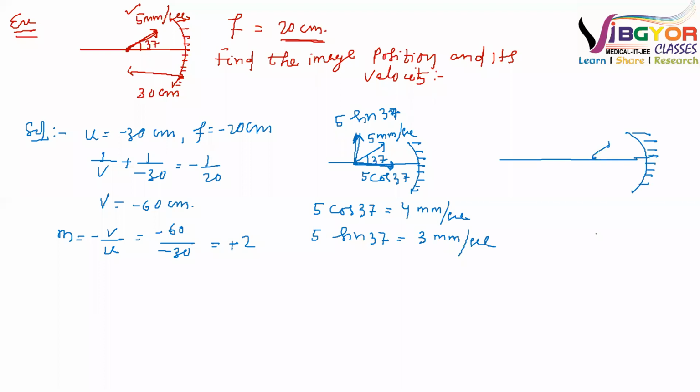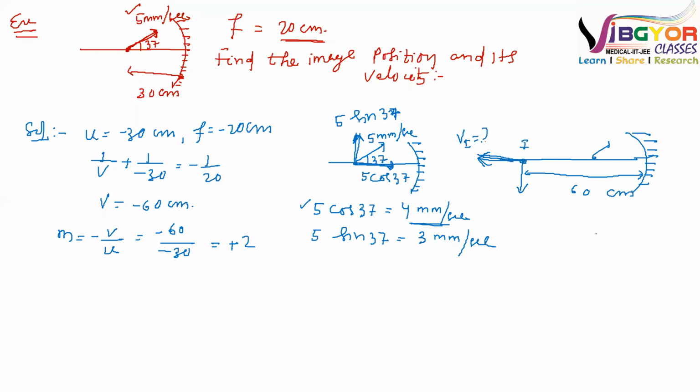This was the object in this direction, and we found the image distance is 60 centimeter, so it will be formed at a distance of 60 centimeter. At this position, what will be the image velocity perpendicular to and parallel to the principal axis? The 5 cos 37, that is 4 mm per second, along the x axis, what will its velocity be at this point? This is the image. The velocity of image in this direction will be how much?